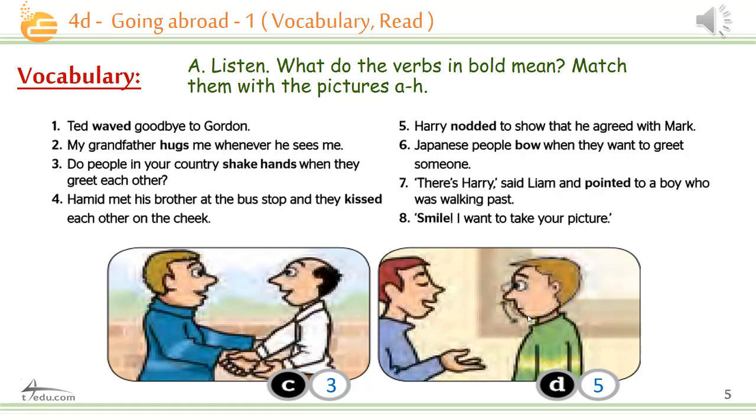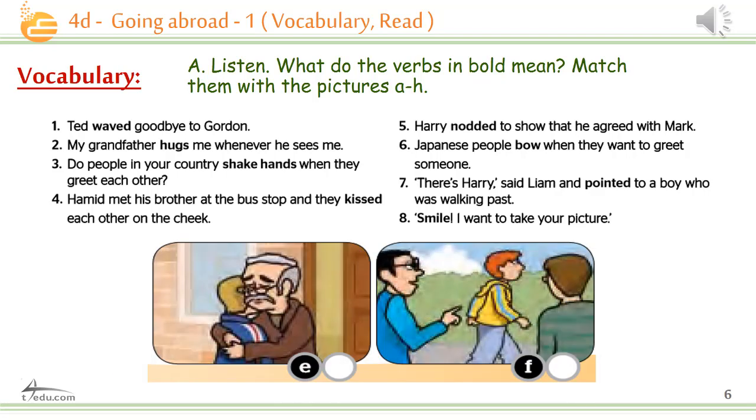Excellent. Great job. Okay, now look at E. What is this old man doing to this young boy? He's hugging him. Yes, it's a hug. So my grandfather hugs me whenever he sees me. Very good. This is what we call a hug, number 2.